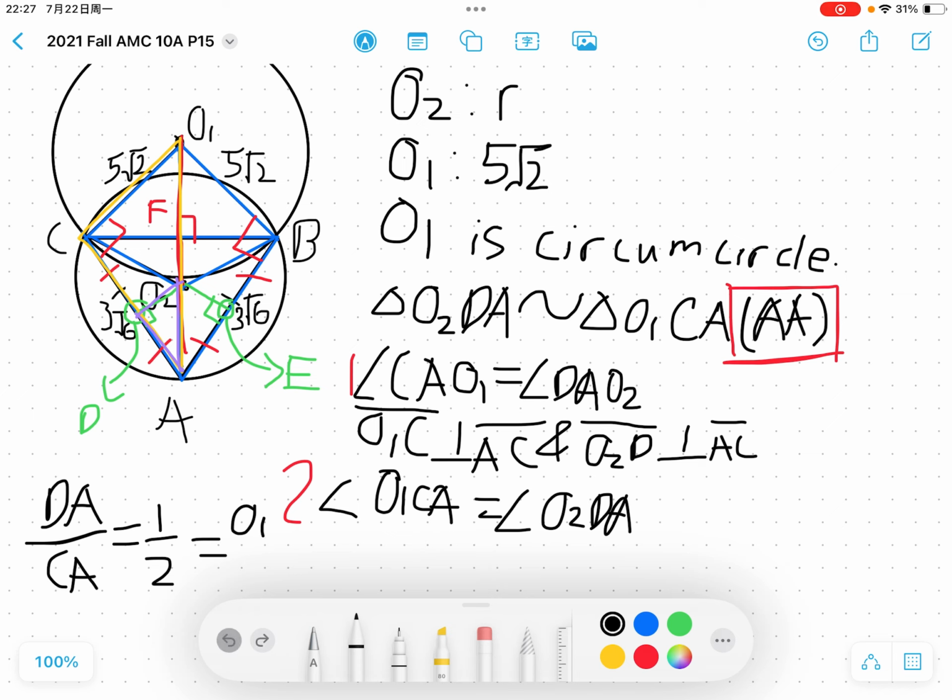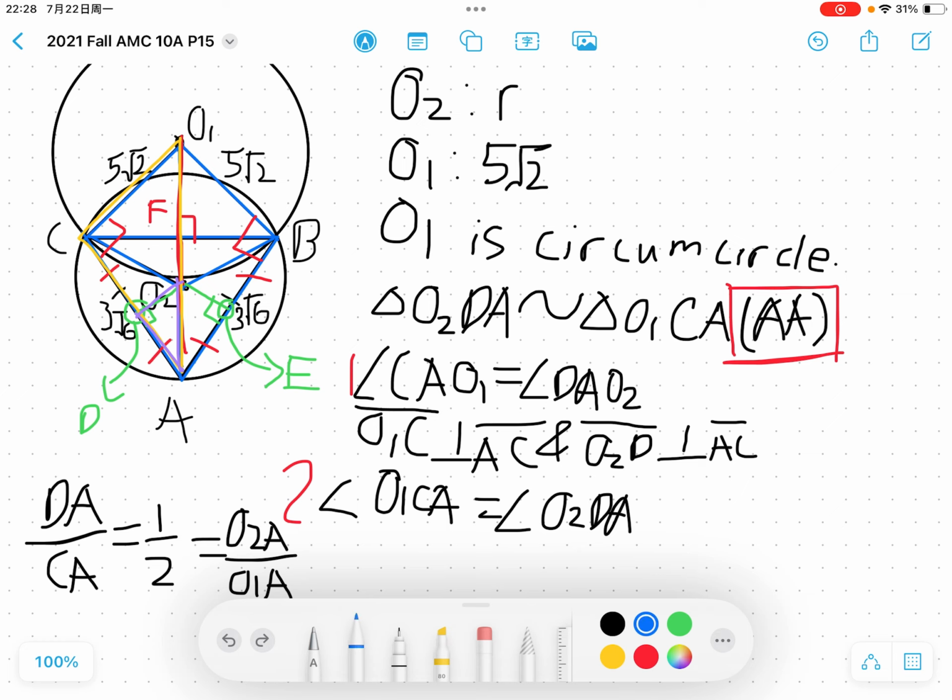So we also have O2A over O1A, which is 1/2, because this is one triangle and this is another. The two sides are corresponding, so O2A over O1A is also 1/2, and we know O1A, so we can figure out O2A. So what's O1A?